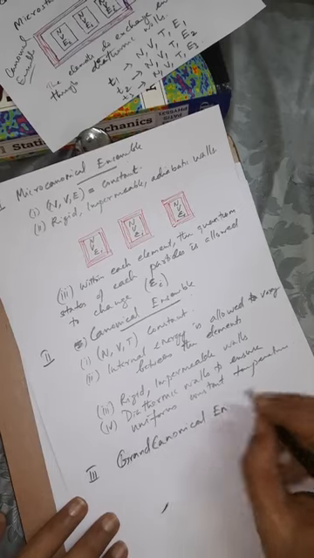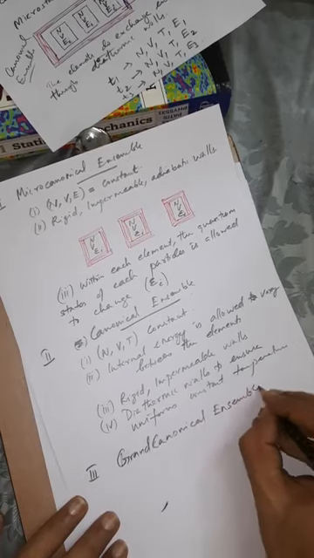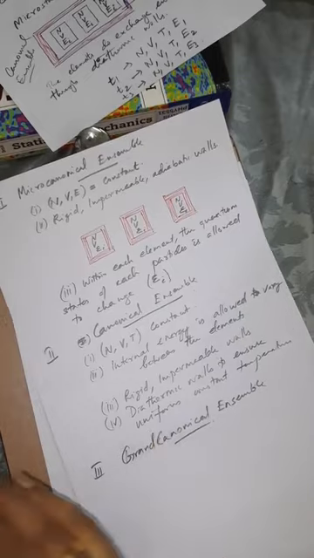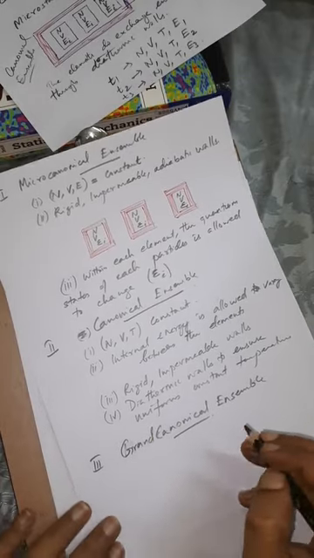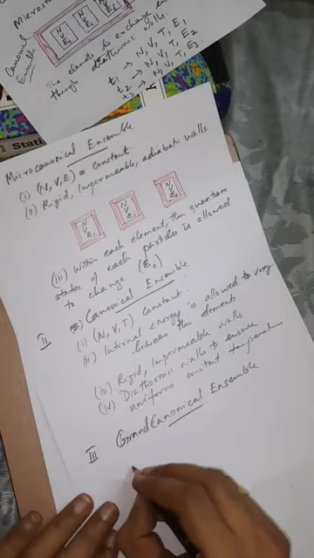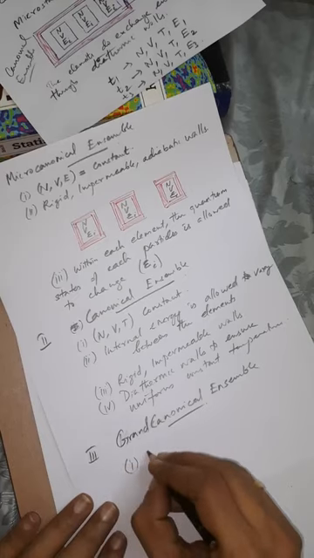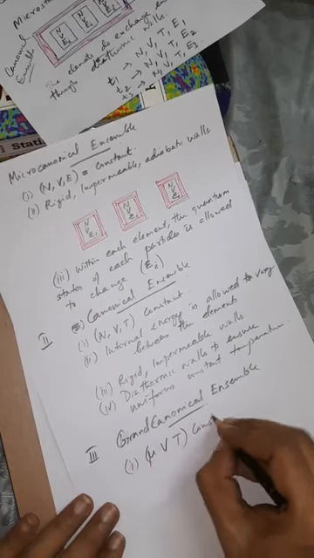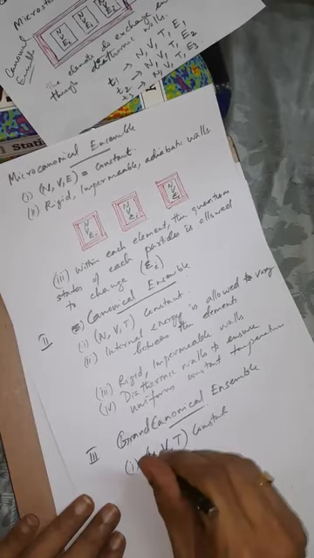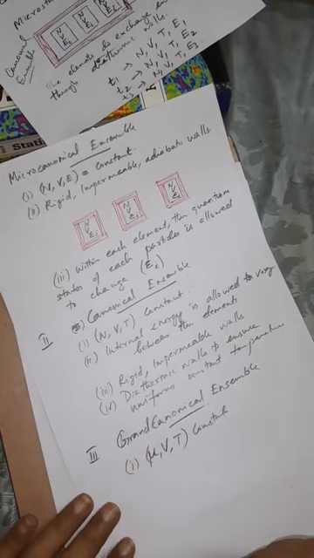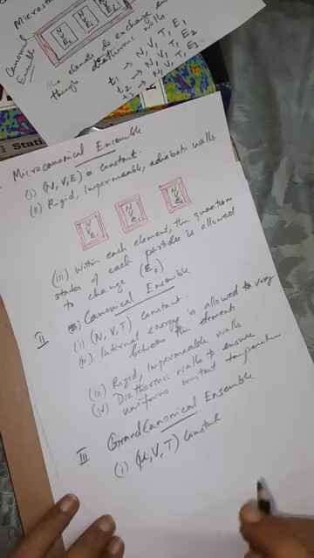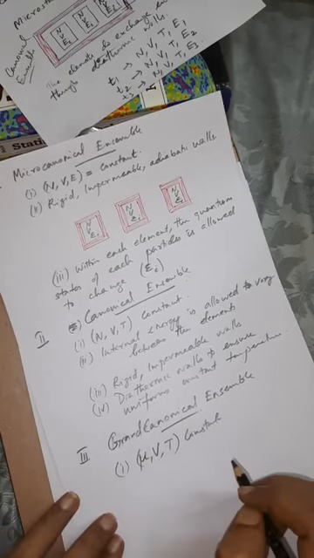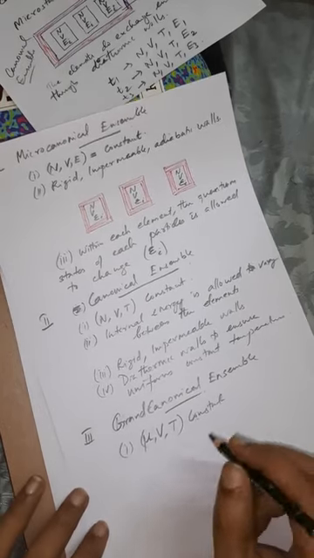So here we have mu V T constant, where mu is the chemical potential. So the mu V T will be constant here.